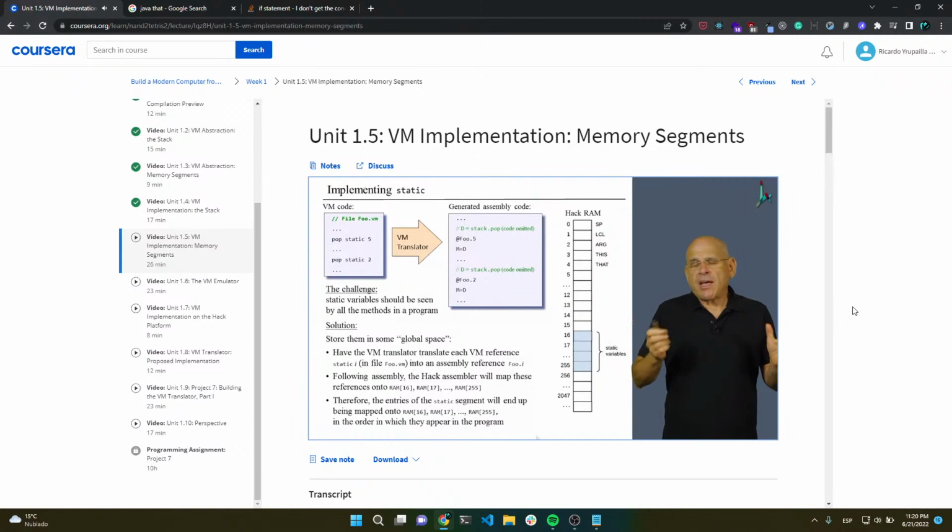And therefore, you will have this slightly peculiar situation in which static 5, in this example, will go to RAM 16, static 2 will go to RAM 17, assuming that there are no more static variables declared and used in between.